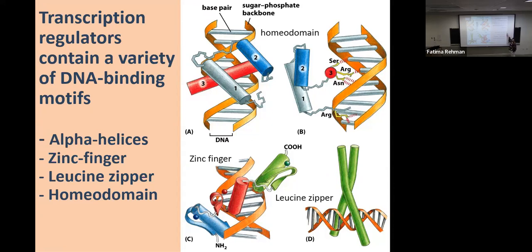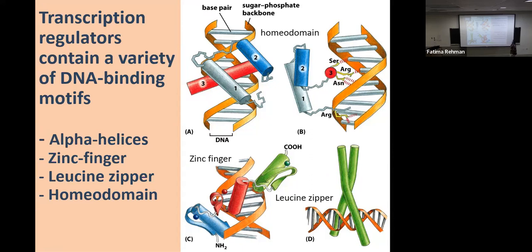There are alpha helices, obviously, one of the big ones that can help the protein bind to the DNA sequences. There are also what we call zinc finger and leucine zipper. Zinc finger domains are proteins that have binding sites for zinc, and that binding provides it with the right conformation to bind to DNA itself.